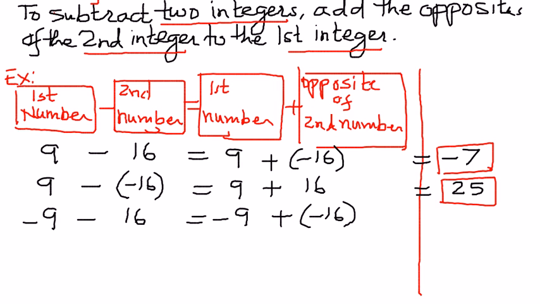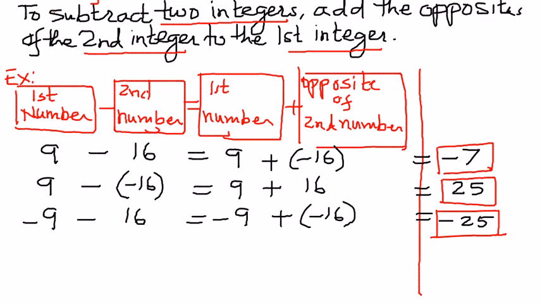Therefore, when we add -16 to -9, the result is -25, and that is the result of negative 9 plus negative 16.